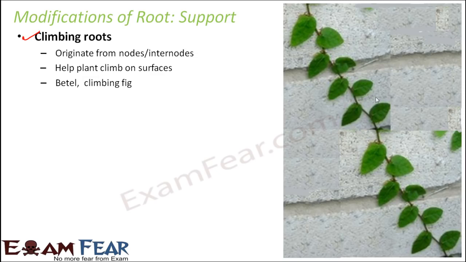For example, the surface here is the wall. So the root will secrete some sticky substance and that sticky substance will attach the plant firmly to this wall. And that is how it actually helps it in climbing. So examples are betel as well as climbing fig. These are some of the examples of climbing roots.